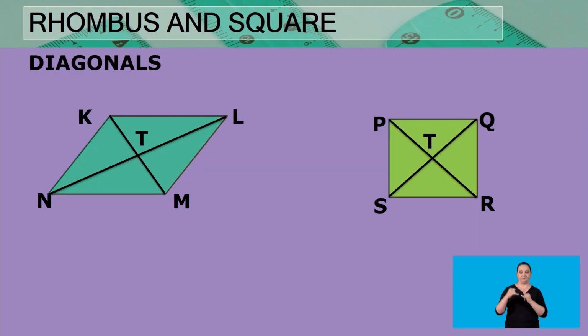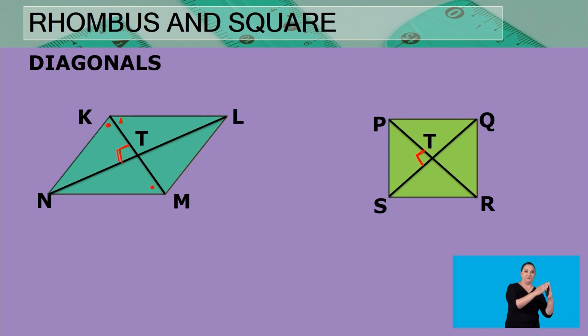What about the diagonals? When it comes to the diagonals, we know that the diagonals of a rhombus meet at 90 degrees. And of course, that is the same with our square as well. They do meet at 90 degrees. We also know that the diagonals bisect the opposite angles.